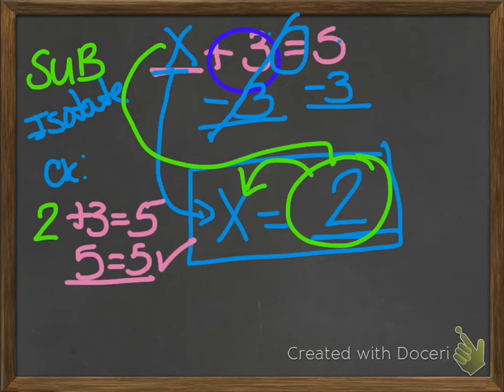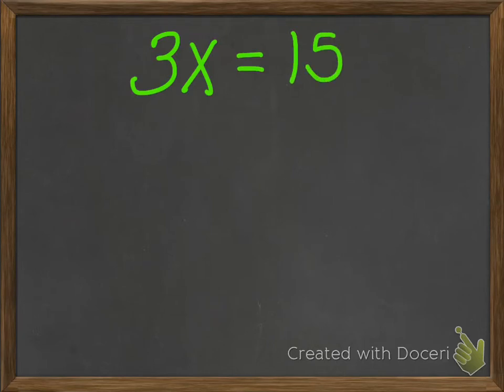Okay? Let's look at one where we're multiplying. Let's look at 3x equals 15. Again, our key is to isolate a variable, to get it by itself. So if I want to get the x by itself, I have to get rid of 3.